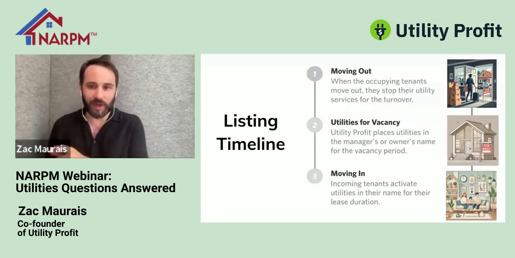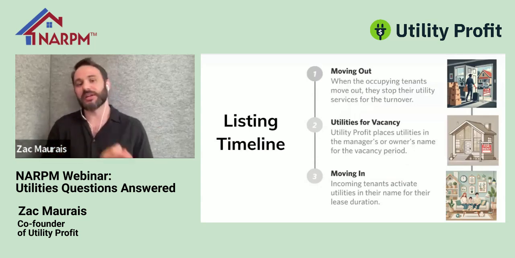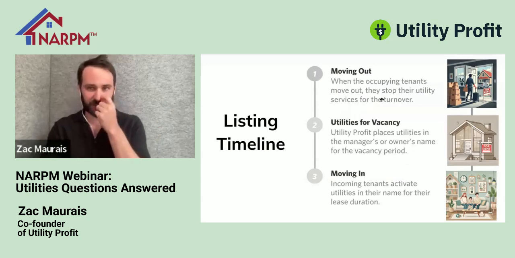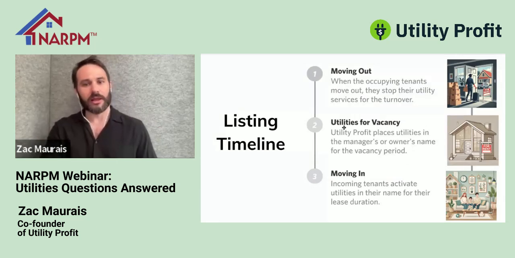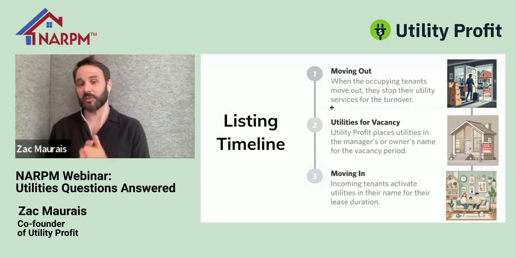The tenant is moving out as the lease ends, and the property is getting turned over. That's the first box we see here, for the move out. What has to initially happen is, as the home is vacant, about half the property managers put the utilities into the property management company's name, and the other half will have it in the property owner's name.